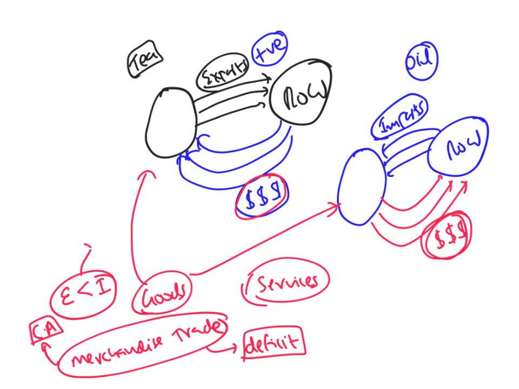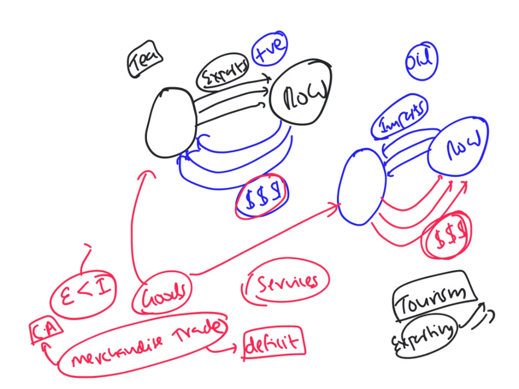Coming to services, you know Sri Lanka is famous for tourism. So tourism comes under services. Generally, people from all over the world visit Sri Lanka, which means Sri Lanka is exporting tourism services. If foreign people come to visit different tourist spots in Sri Lanka, they will need to buy Lankan rupees.